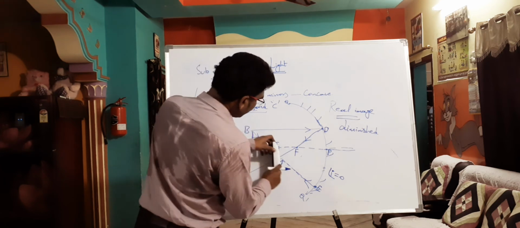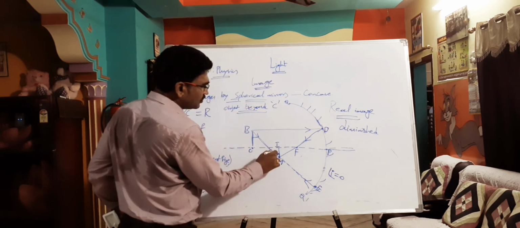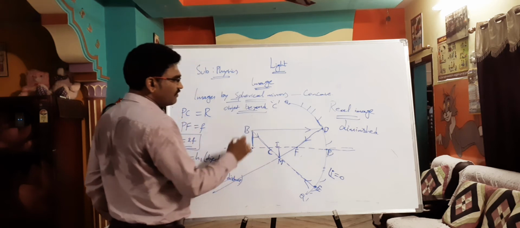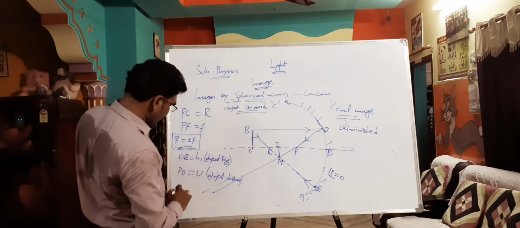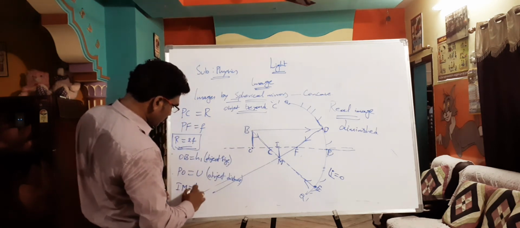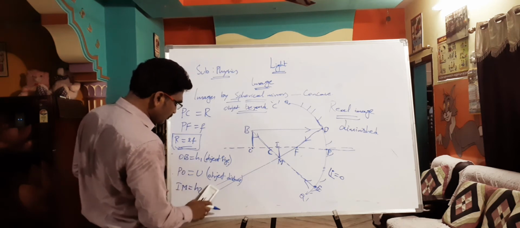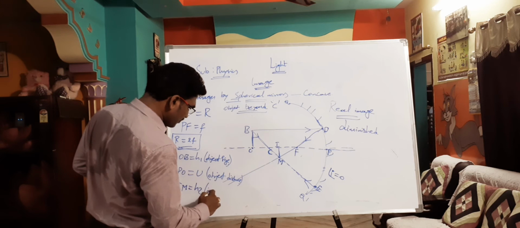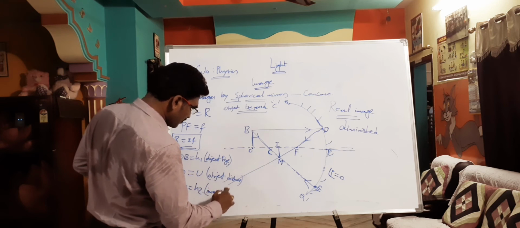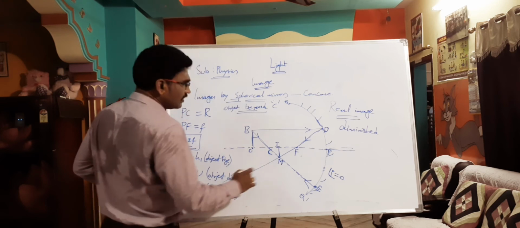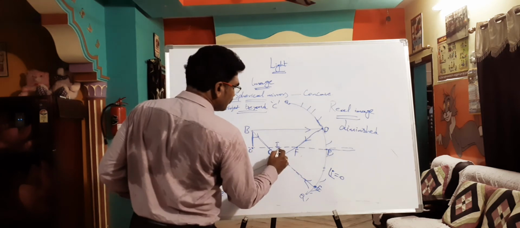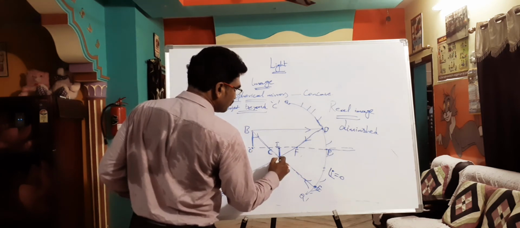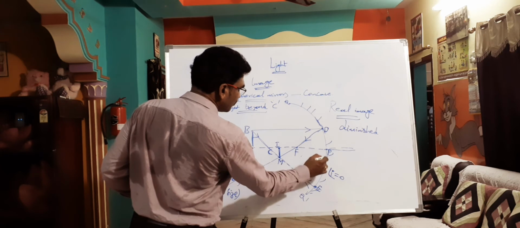Now you see, OB and IM, the size of the image is less than the size of the object. I can take IM as H2. What is H2 here? Image size. This is the image point. From here to here, how much distance is there?